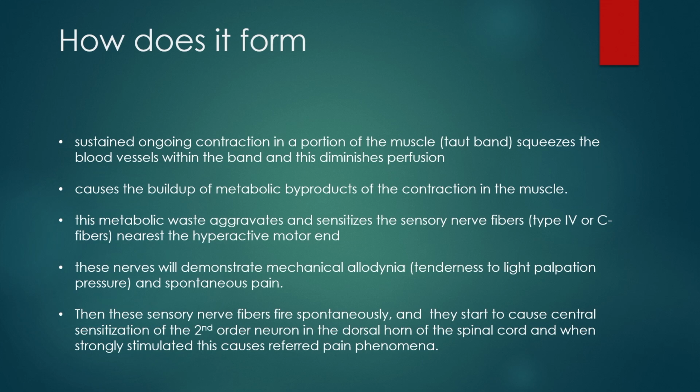So if you decrease blood flow for long enough, frequently enough, what you're allowing to happen is metabolic byproducts are building up. Or if there is inflammation, inflammatory mediators are building up. We're not getting the nutrients. We're not getting the blood supply. We're not getting the oxygenation. And we're building up byproducts. So what that does is it sensitizes those sensory nerves.